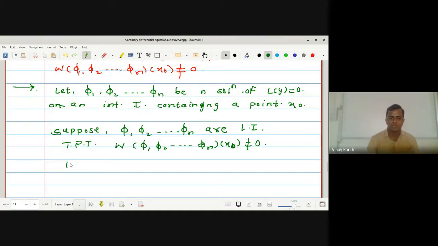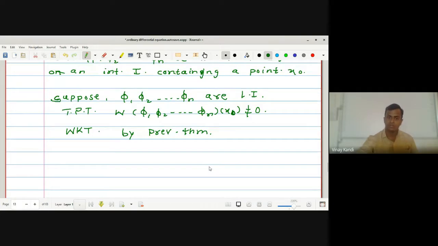We know that by the previous theorem, the Wronskian of phi 1, phi 2 up to phi n at point x is not equal to 0 for all x belongs to I. If phi 1, phi 2, phi n are linearly independent solutions, we proved in the previous theorem the Wronskian at any point is not equal to 0 for all x belongs to I. So in particular, at point x naught, it must be not equal to 0.